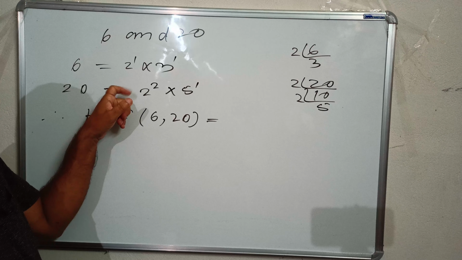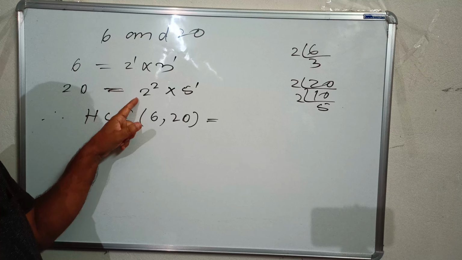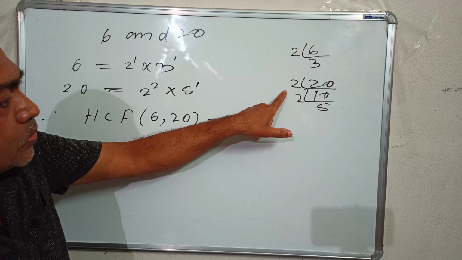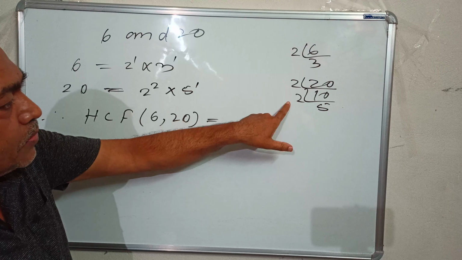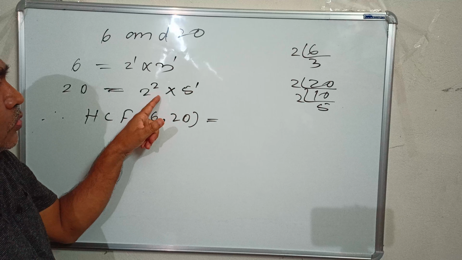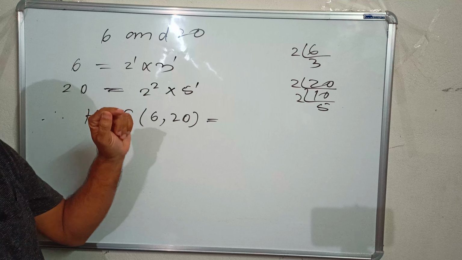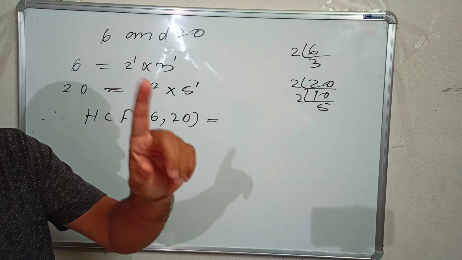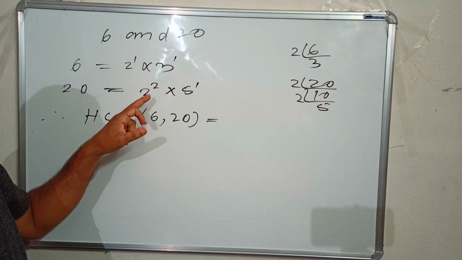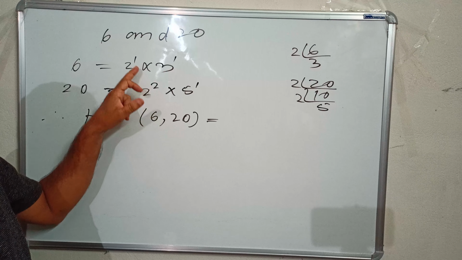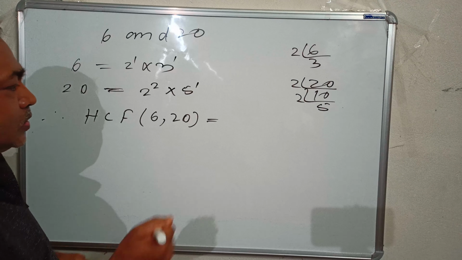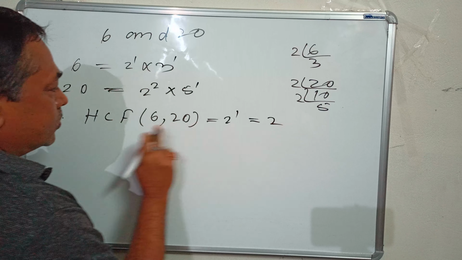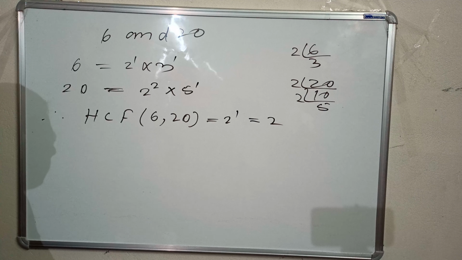Here the common prime factor is 2, because there is a 2 in both. But in 20, two 2s are there, so the power of 2 is 2, and in 6 the power of 2 is 1. The process says the smallest power, and comparing 1 and 2, the smallest power is 1. So 2 to the power 1, that is, the HCF of 6 and 20 is 2.